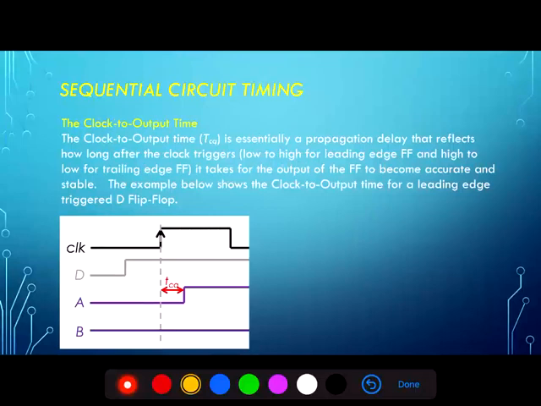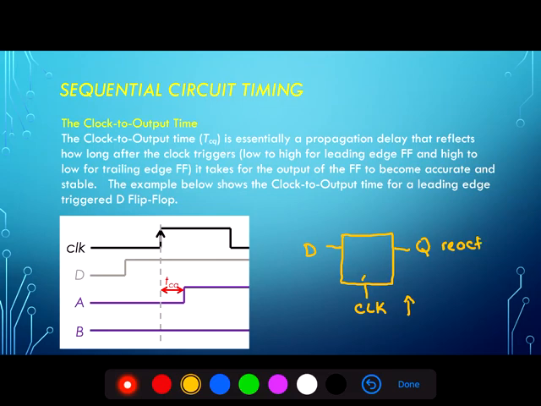Yet another parameter that's specific to a flip-flop, again using the D flip-flop as an example, is the clock to output time. And the clock to output time is inherently a propagation delay. In this example here, we're using a leading edge, and it's the amount of time that once the clock changes, in this case the clock goes to high, how much time does it take for Q, the output Q, to react?